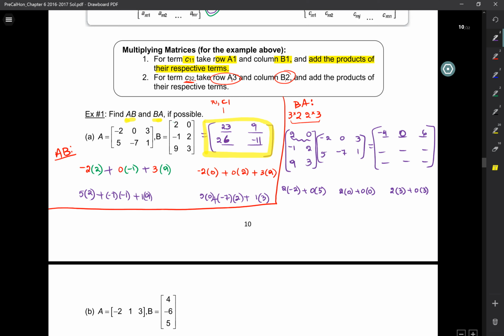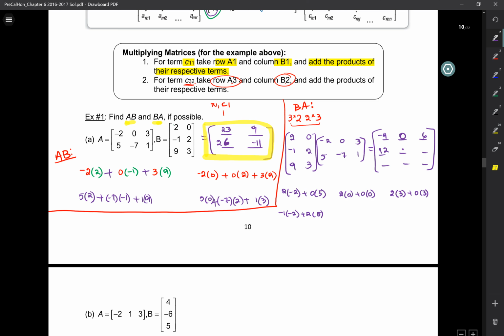Okay, next, here. Now, this is row 2, column 1. So it's going to be negative 1 times negative 2 plus 2 times 5. And that'll get me a 12. Next one. Here, it's row 2, column 2.